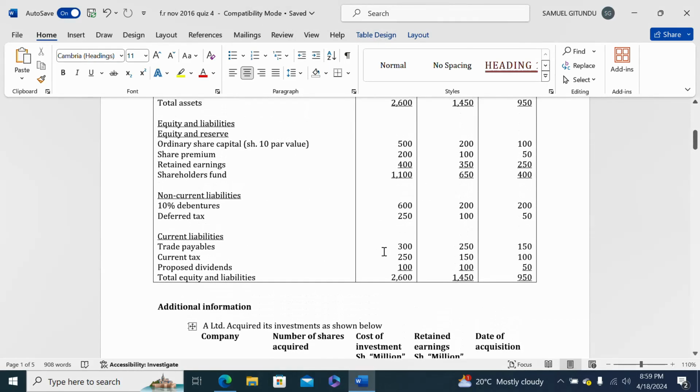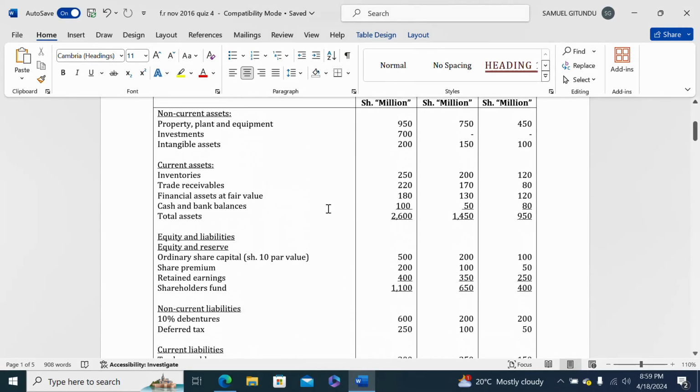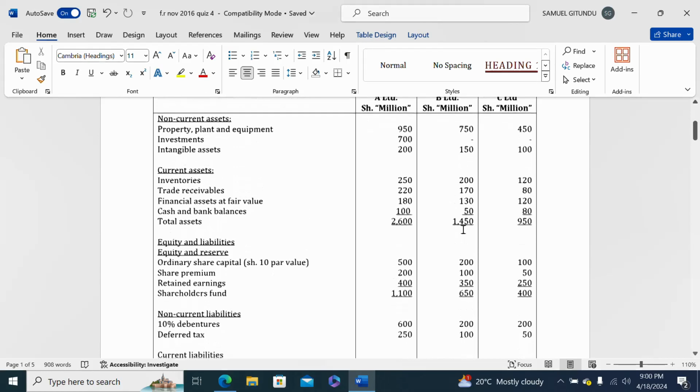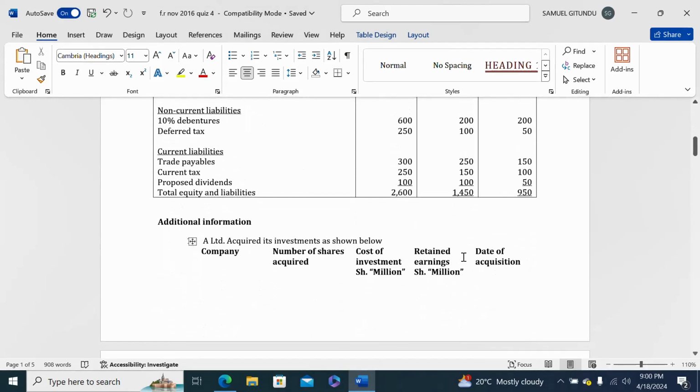We come to the statement of financial position and see that the ordinary share capital, with a par value of shillings 10, in B Limited was 200 million. So this represents 20 million shares.